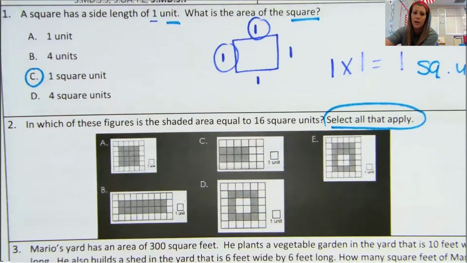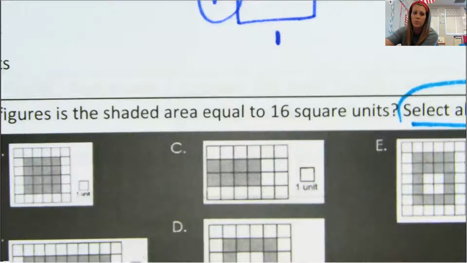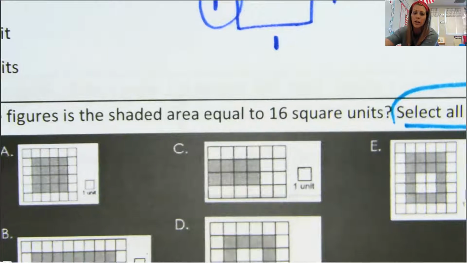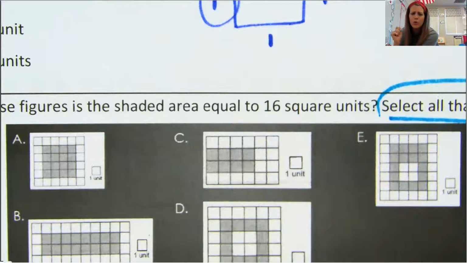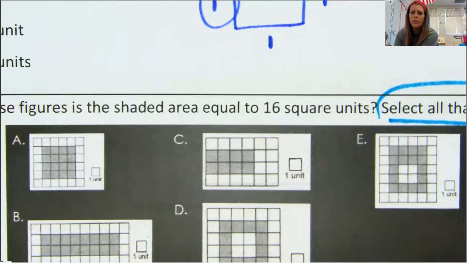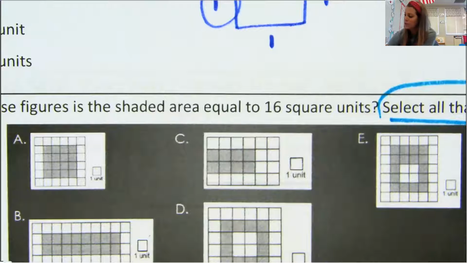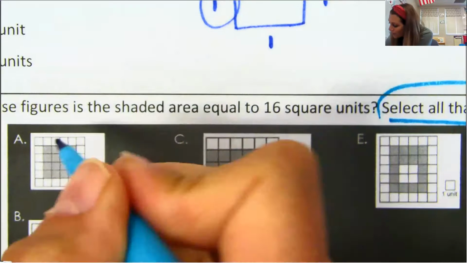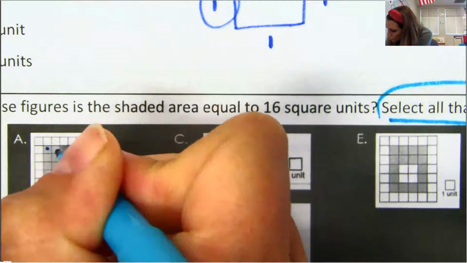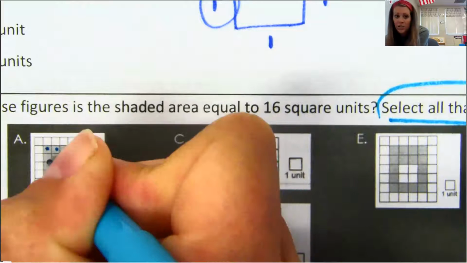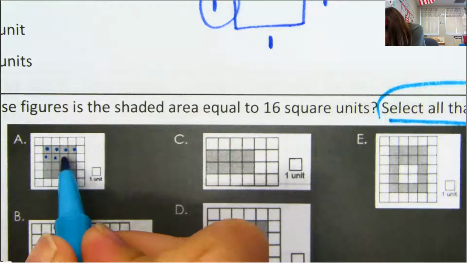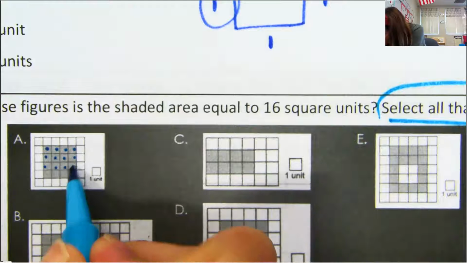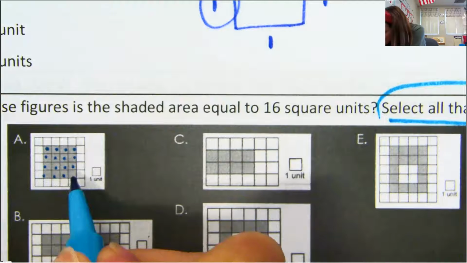I'm going to zoom in here. And I know Miss Peters also showed you this trick. When you're counting the area, make a mark so that you know what you've counted. So we want to get a total of 16, right? So when we're counting, we're making a mark. 1, 2, 3, 4, 5, 6, 7, 8, 9, 10, 11, 12, 13, 14, 15, 16.